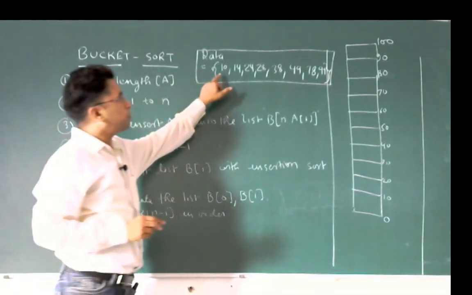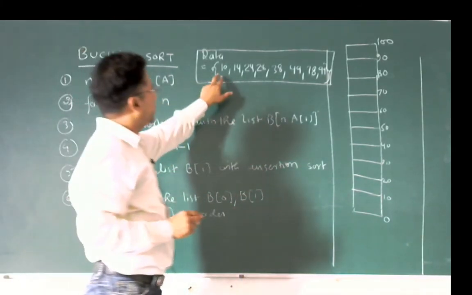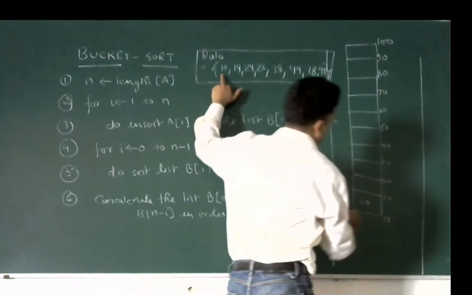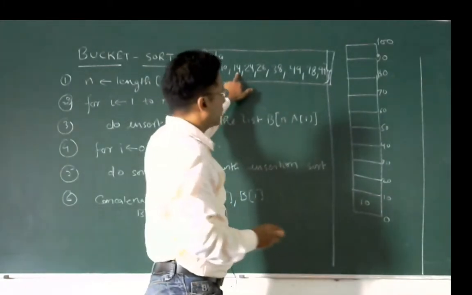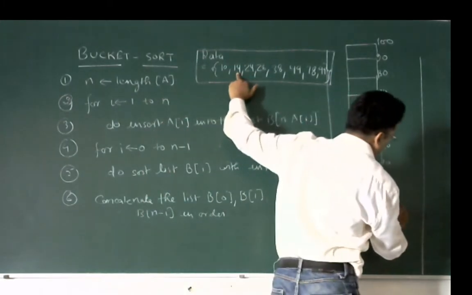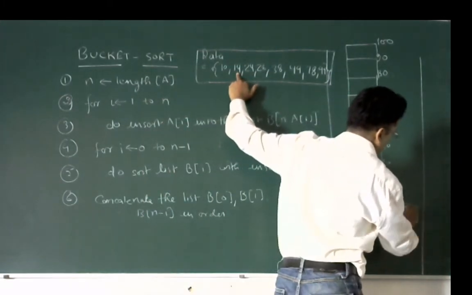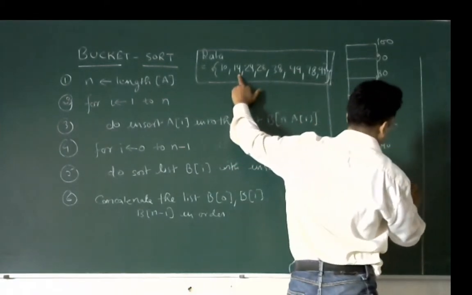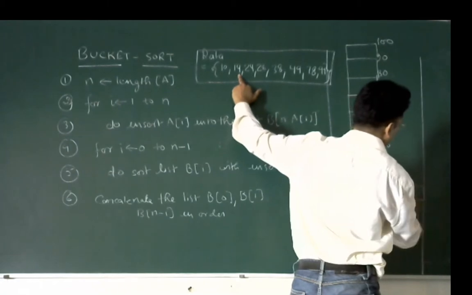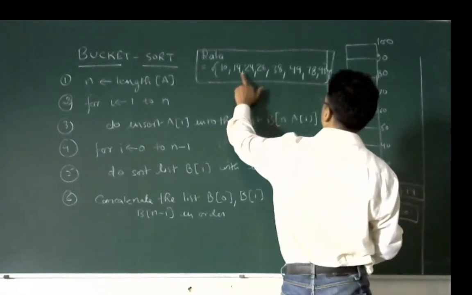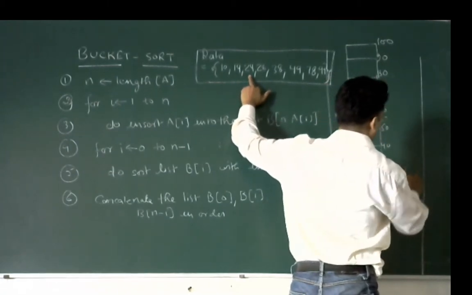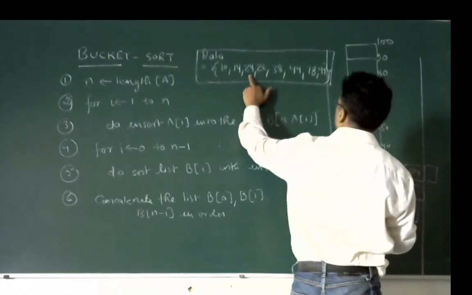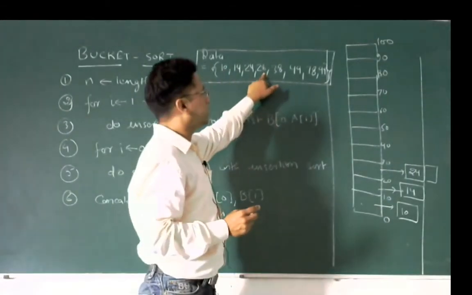As per our bucket size, 10 will go into this bin. 14 will go into this bin, and 24 and 28 lie in the same bin.